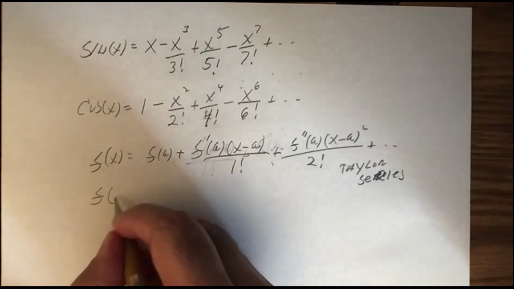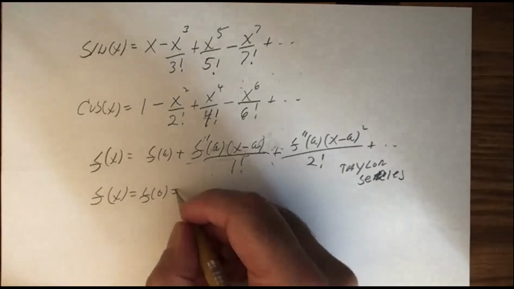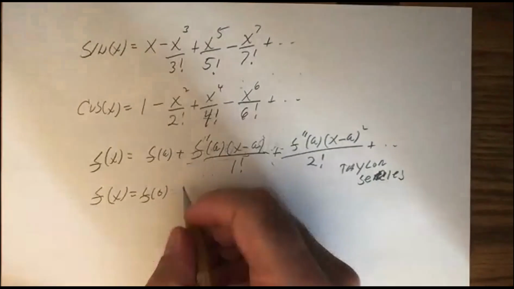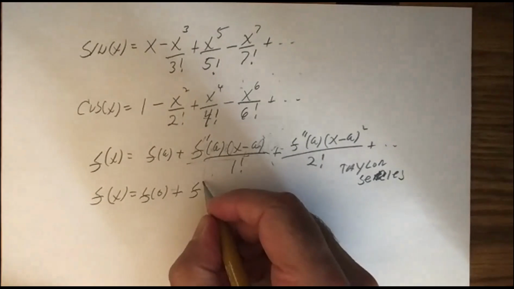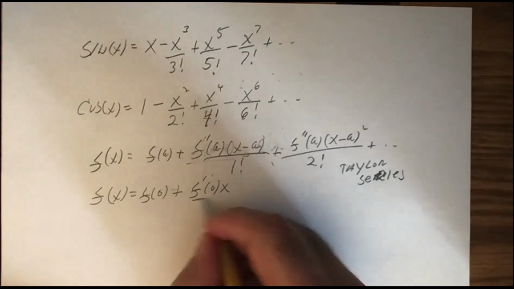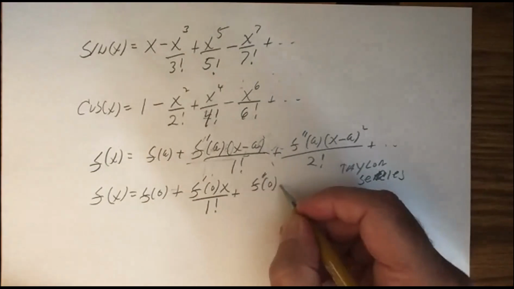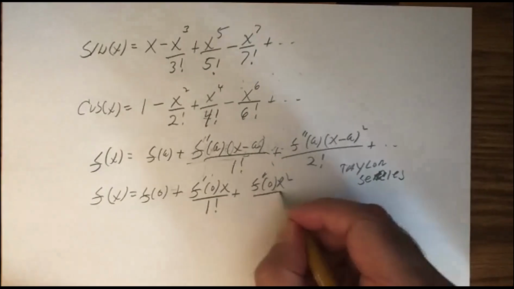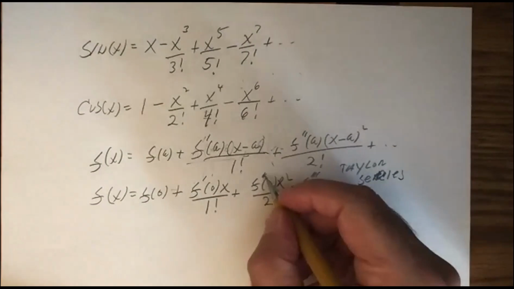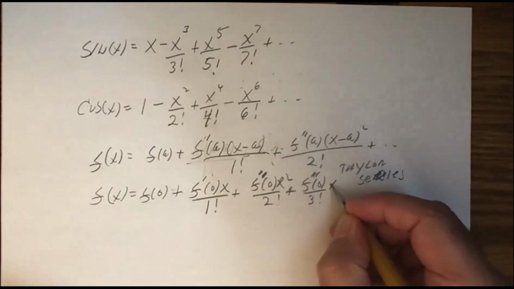In other words, if I was expanding about x equal to 0, a is equal to 0 here, then this would just be the derivative at 0, and then this would just be x over 1 factorial, plus the second derivative at 0 times x squared over 2 factorial, plus the third derivative at 0 over 3 factorial.